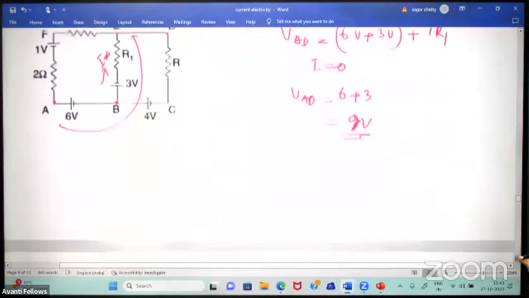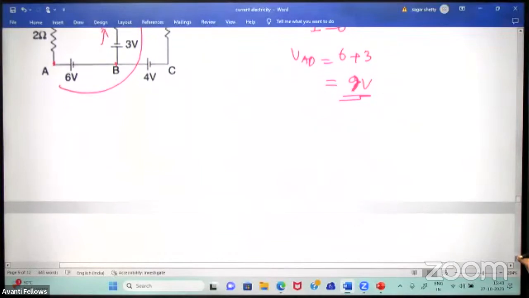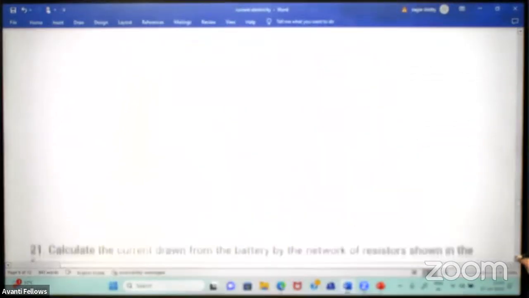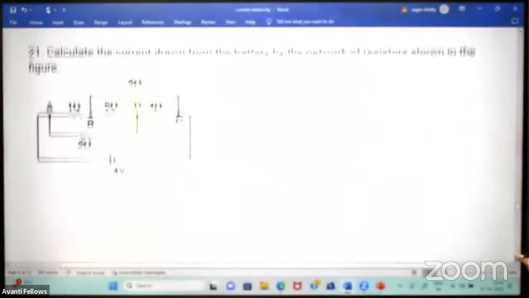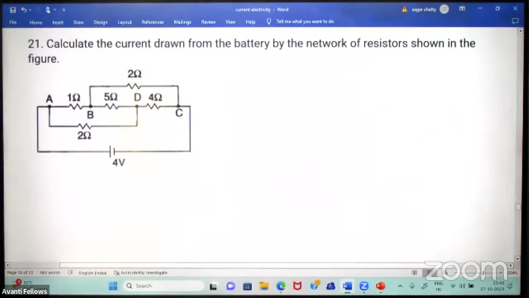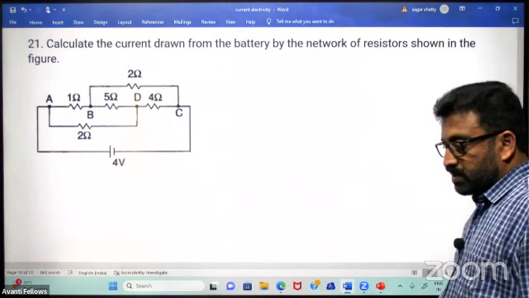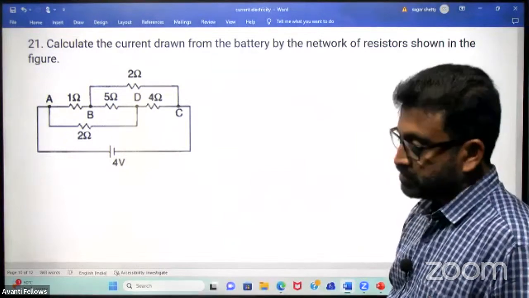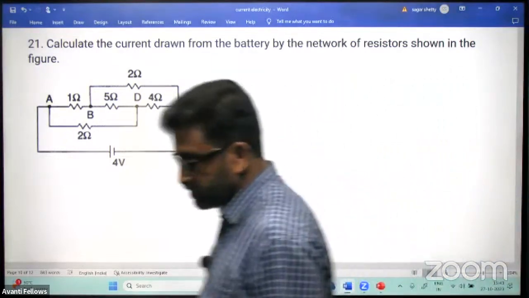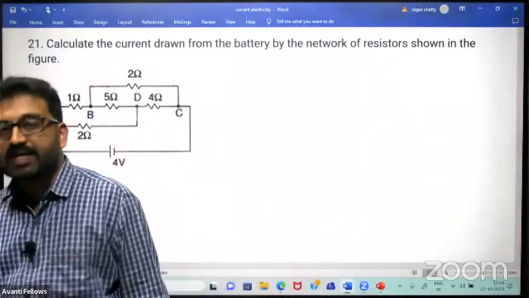Next one. Calculate the current drawn from the battery by the network of resistors shown in the figure. There's a network of resistors. After seeing the diagram, do you get any idea?